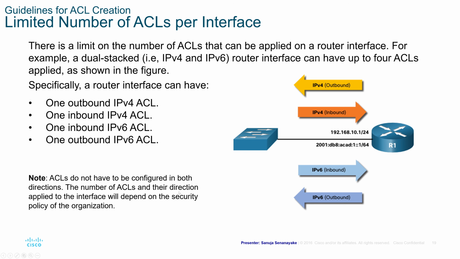The number of ACLs and their direction applied to the interface will depend on the security policy of the organization. So depending on which organization you work for and how your boss, the chief network engineer, wants you to apply the ACLs, as a network technician, you will be applying them according to your company policy. But what is really important here is there is a limit on the number of ACLs that can be applied to a router interface in a dual stack situation. Typically, the maximum number is 4 in a dual stack situation. So remember that.